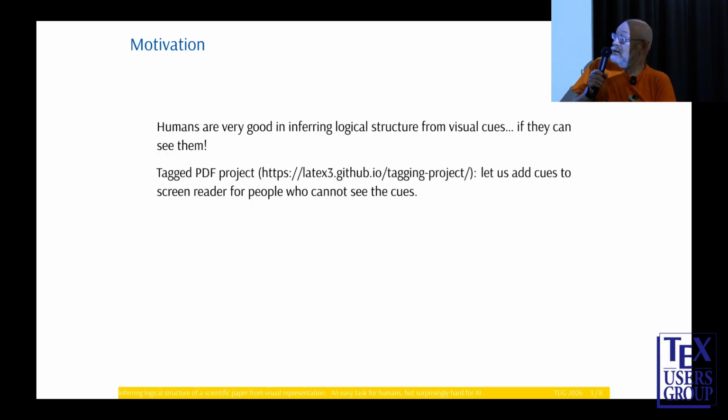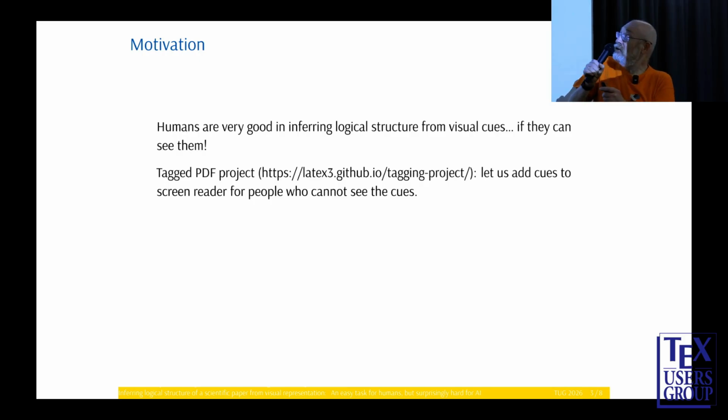And we have spent a lot of time talking about the tagged PDF project, and we know that the idea is to take the LaTeX text, add tagging, and create an accessible result, an accessible PDF, for example. The thing is that it's very easy to add cues to something like section, subsection, paragraph, or subparagraph.